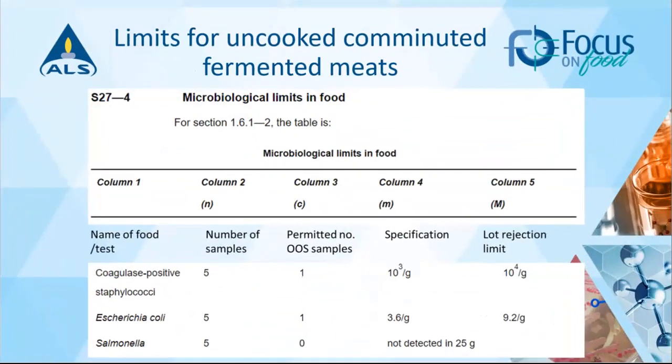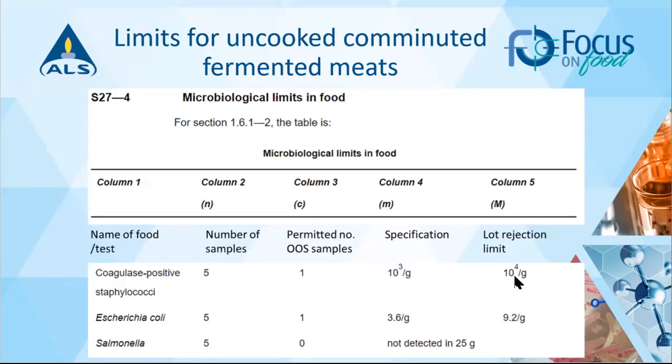So just looking at something which contains a mixture of quantitative and qualitative specifications, the limits for uncooked, comminuted, fermented meats. These include salami, pepperoni, chorizo, and mettwurst. What these limits mean essentially is that for coagulase positive Staphylococcus aureus, 4 of the samples must have counts of no more than 1,000 CFUs per gram, while 1 count can be between 1,000 and 10,000 CFUs per gram.